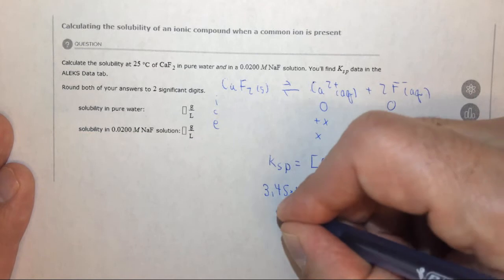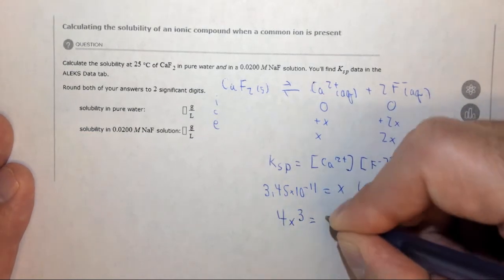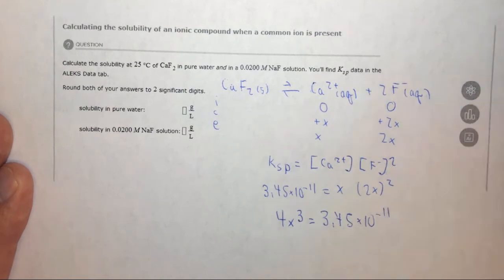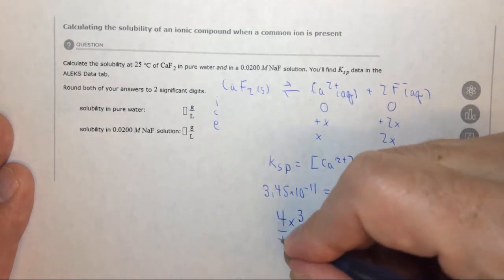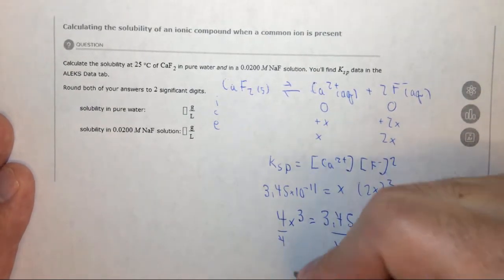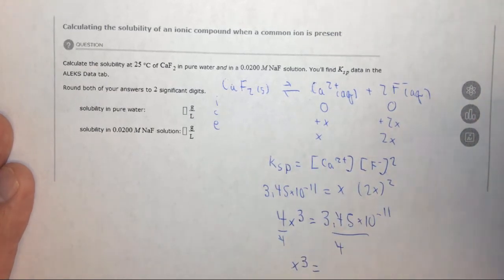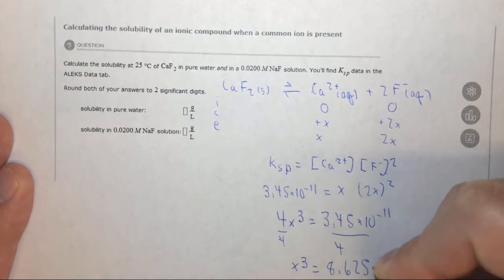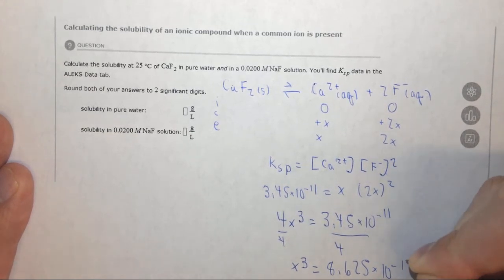So essentially what we end up with is 4x cubed equals 3.45 times 10 to the minus 11, divide by 4, and we get x cubed equals 8.625 times 10 to the minus 12.